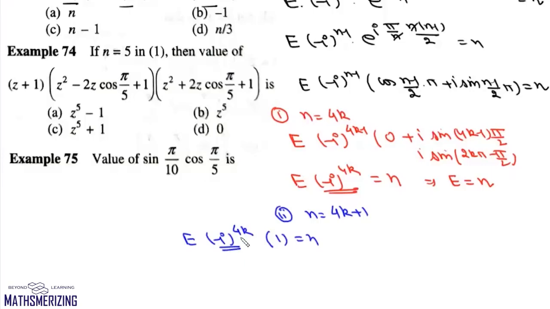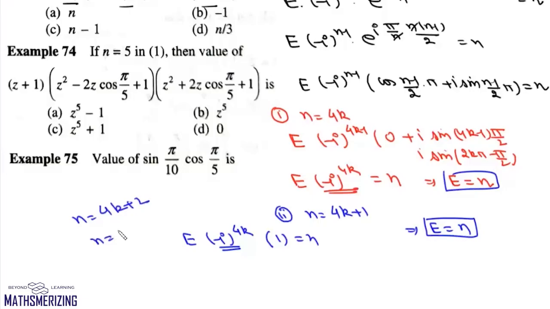Now again (−i)^(4k) is 1. Again we'll get this result, this expression is equal to n. In the same way, we can prove it for n = 4k+2 and n = 4k+3.